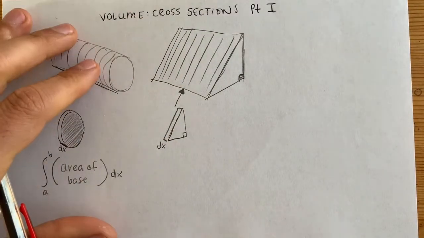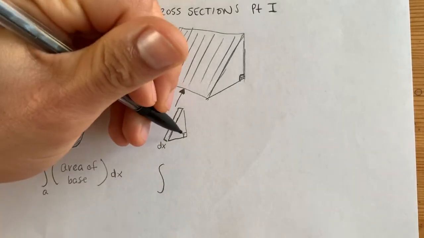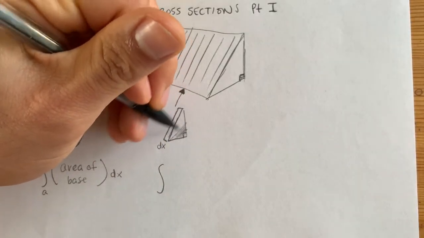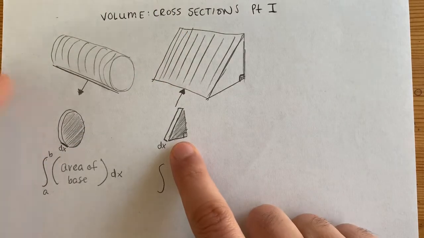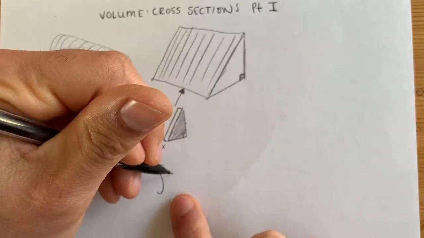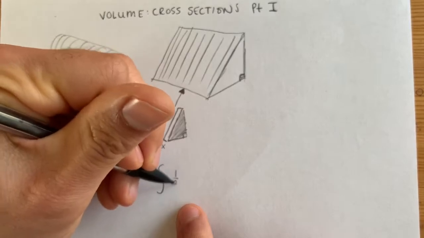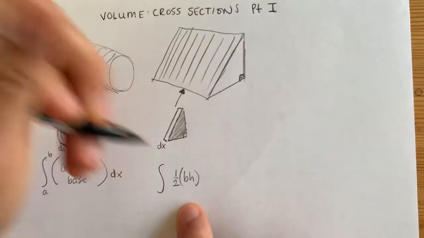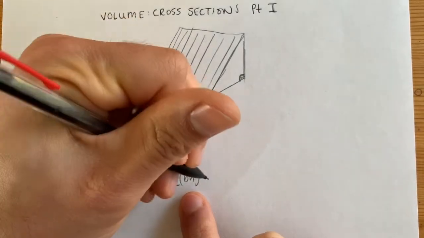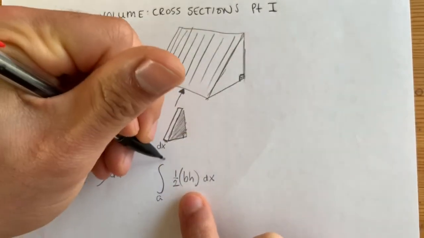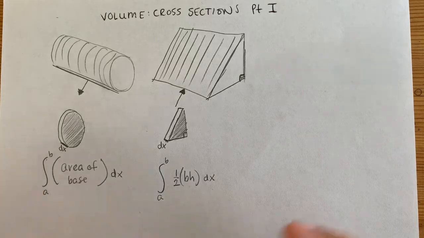And then we would have to set up the area of the base, or the area of this shape, the area of the cross section, which would be a triangle. So I know it would be a format of something like this, 1/2 base times height for the area of a triangle, times dx to make it volume, and then we'd have some kind of way to calculate that.